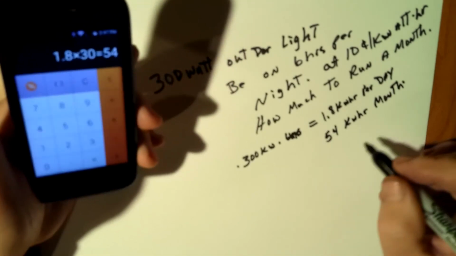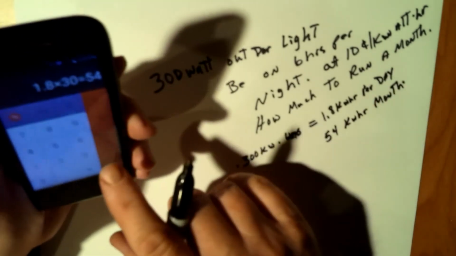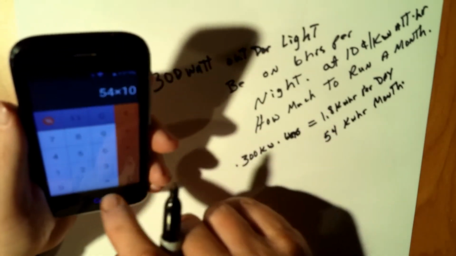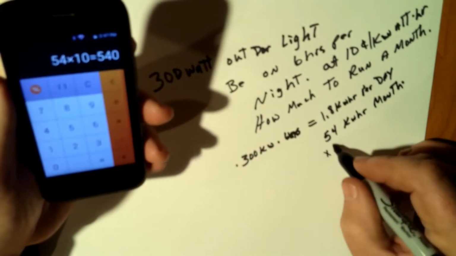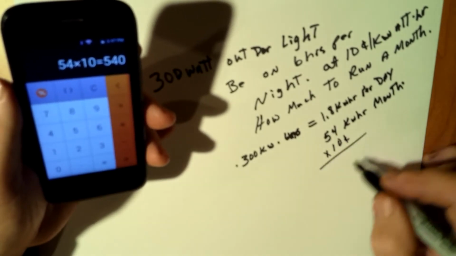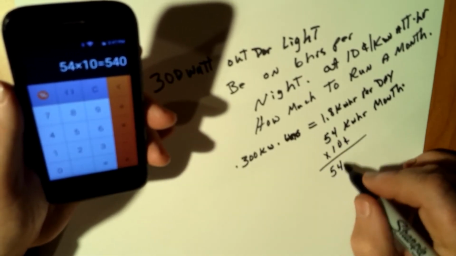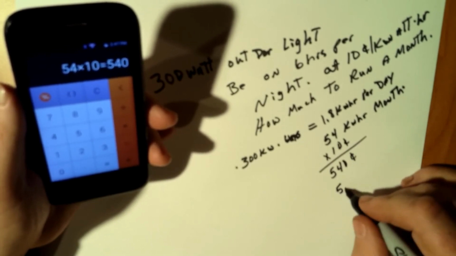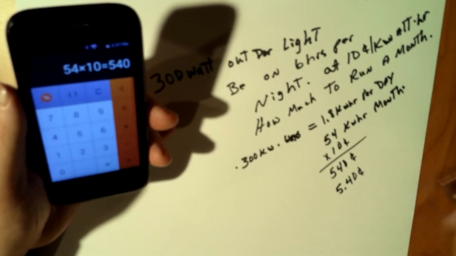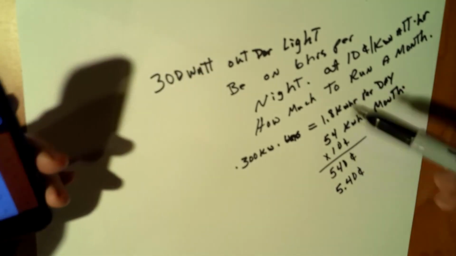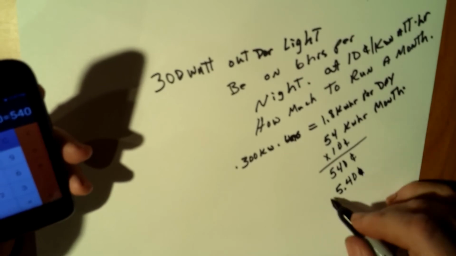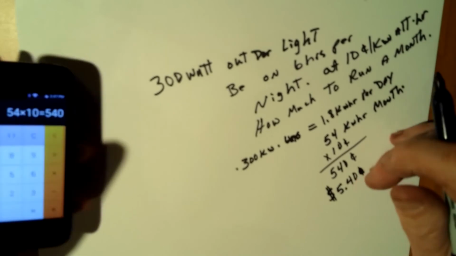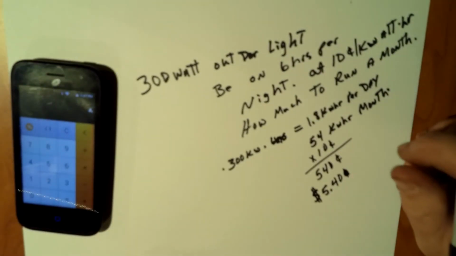Okay, so at 10 cents a kilowatt hour, times 54 equals 540 cents, or in other words $5.40 is what your electric bill is going to go up for the month that you install that light.